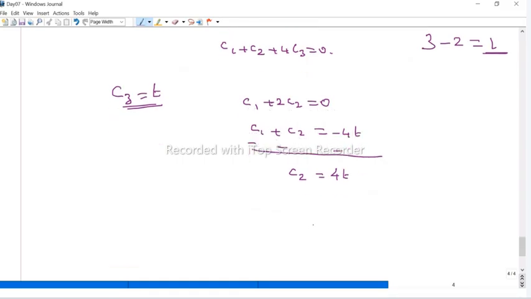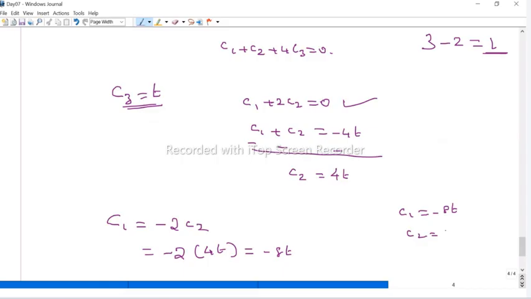Now substitute 4t in the first equation. C1 equal to minus 2 times C2, which is minus 2 times 4t, so you get minus 8t. So C1 is minus 8t, C2 is 4t, C3 is t.